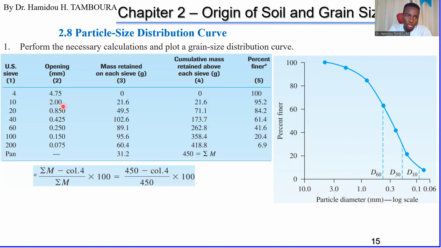Next, the opening 2 millimeter. So 3 is here, 2 millimeter around here corresponds to 95.2. So 95.2 is around here. Next point, the 0.85.